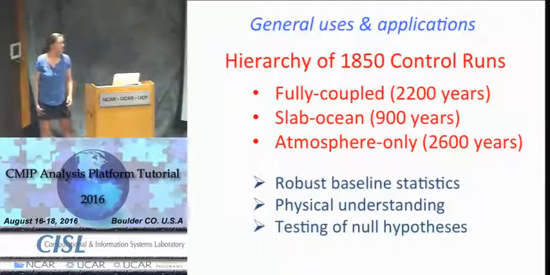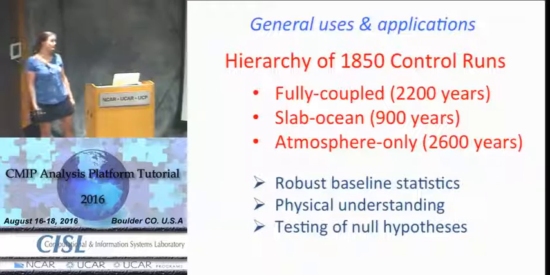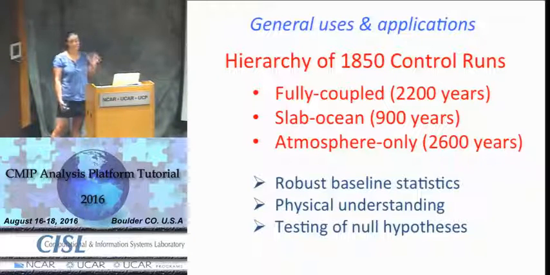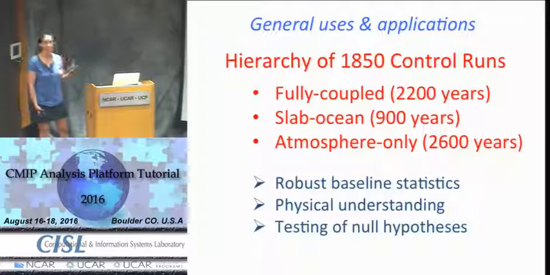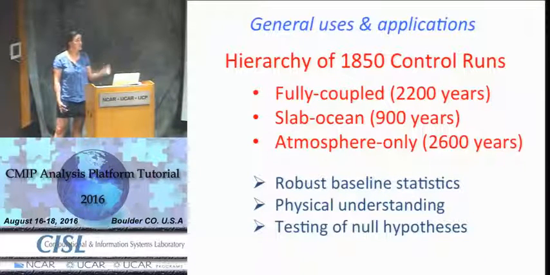We have a hierarchy of runs. So this is very nice for testing sort of physical understanding. So we have the fully coupled runs that have an active dynamic ocean circulation, an active dynamic atmosphere circulation, and an active dynamic land. We have a slab ocean simulation that's even longer, I think, than up here now.